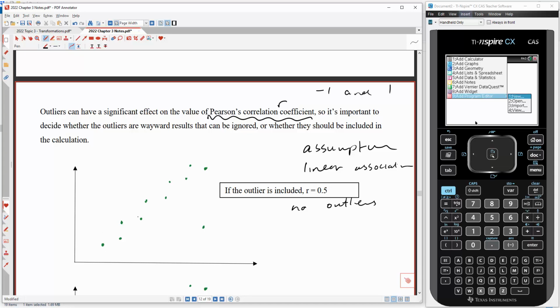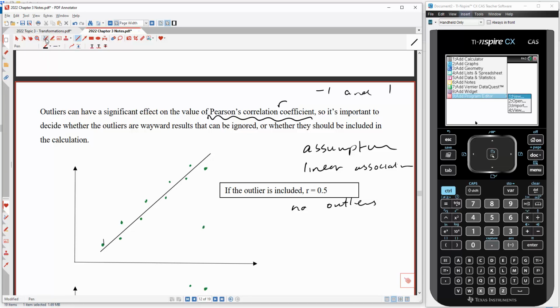Now if you look at this data here, imagine a line of best fit drawn on this. So I'm just going to draw a rough line of best fit through there, and you can see that we've got this one dot that just doesn't conform to the overall pattern.